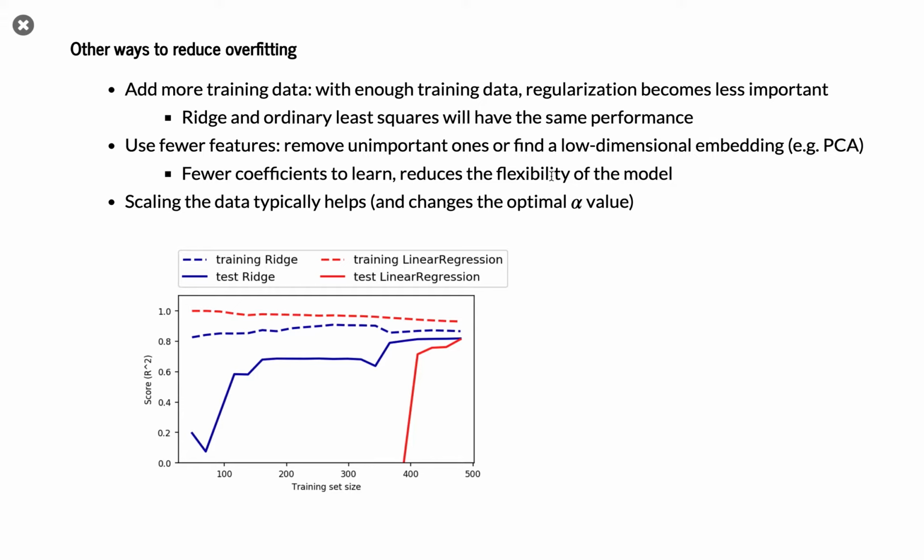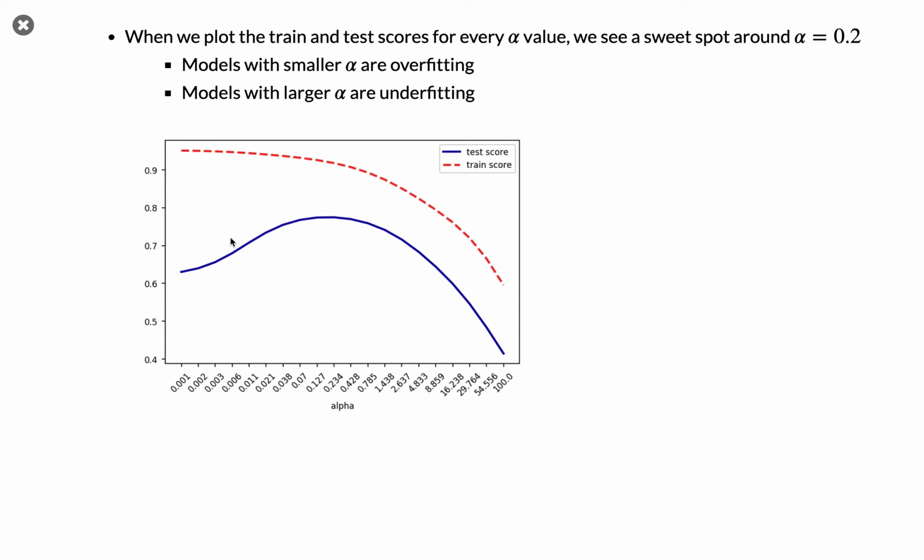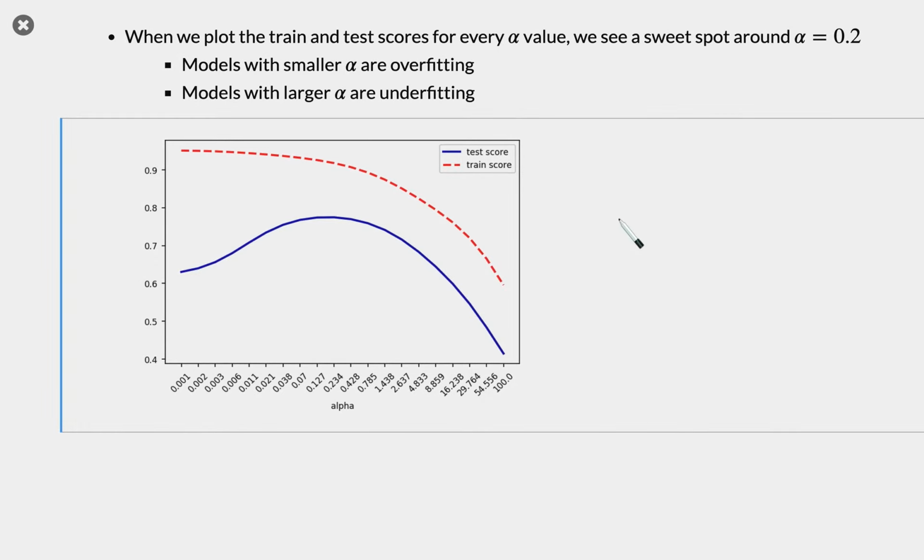Right. Another thing I have to say is that scaling the data typically helps, and it changes the optimal alpha value. If this is the curve for non-scaled data, then scaling the data would make this curve much flatter, maybe something like this. Right? And then having the optimal alpha doesn't really matter so much.